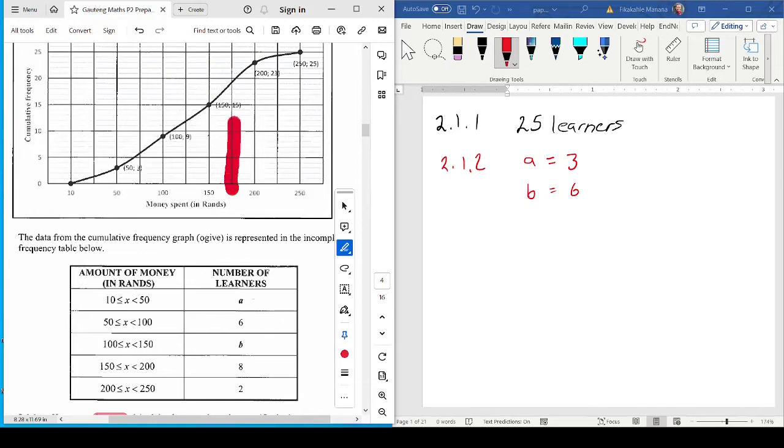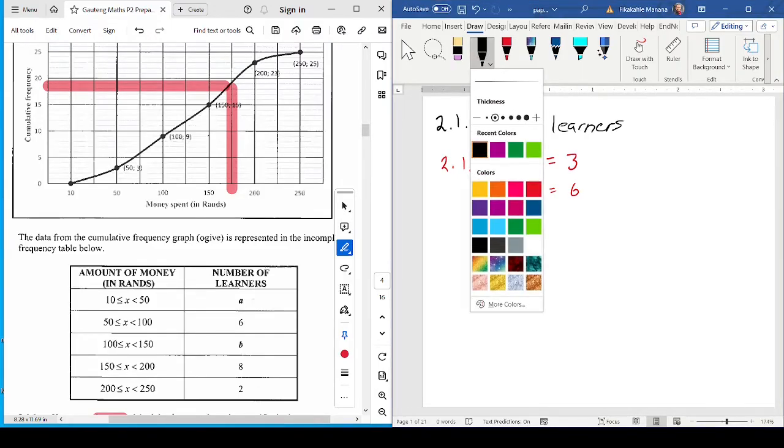So we go up there, and then we want the value that it is associated with, which is over there. It's 15, 16, 18, 19. It's right over there. Cool. So it's 19. So 175 is 19. That's the value there.